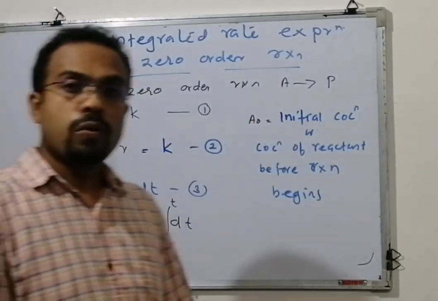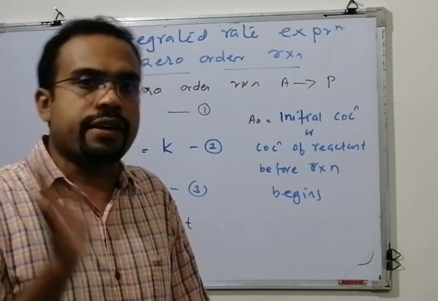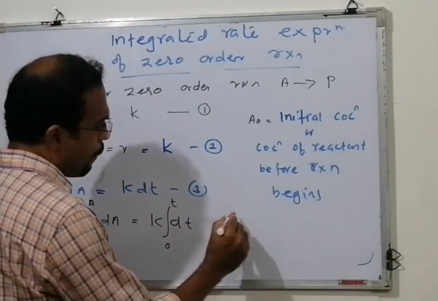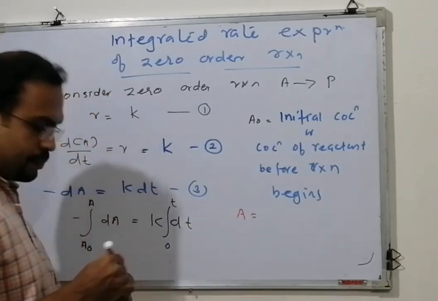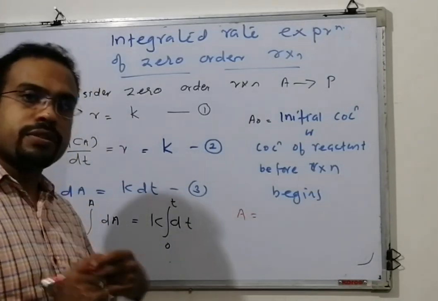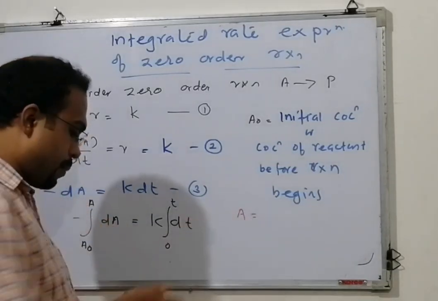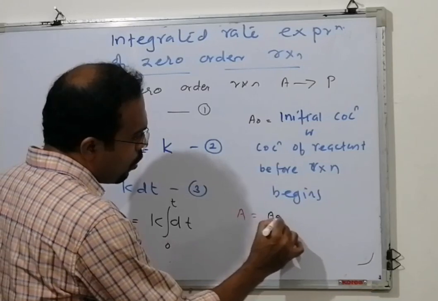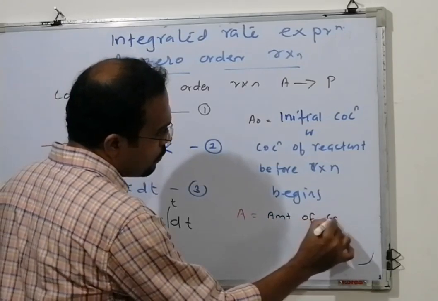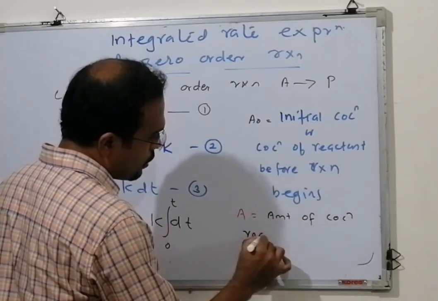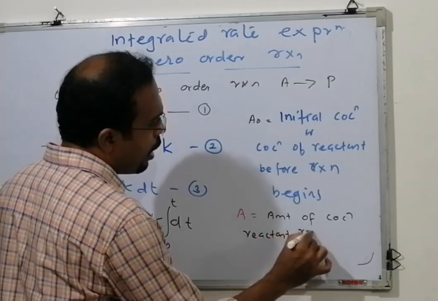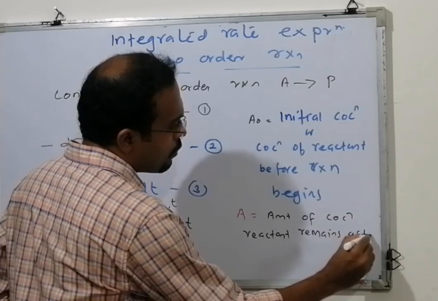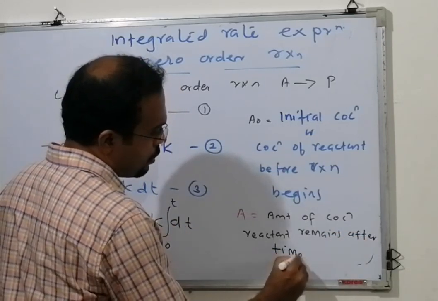Initial concentration. Whatever the amount you have initially taken. What is A? Very important. Throughout the chapter kinetics, you remember what is A. A is equal to the concentration of reactant that remains after time t.